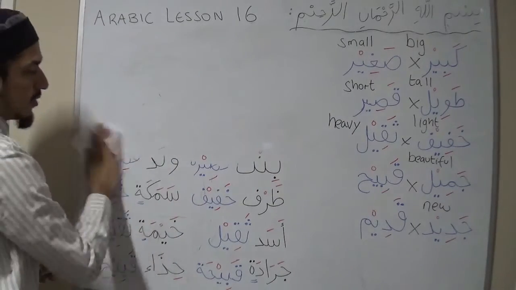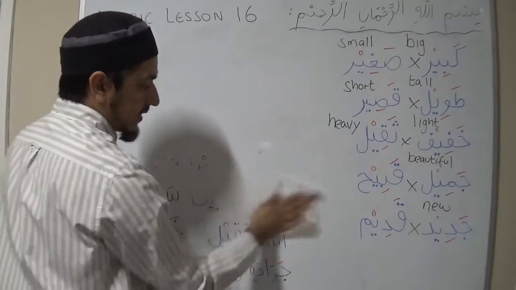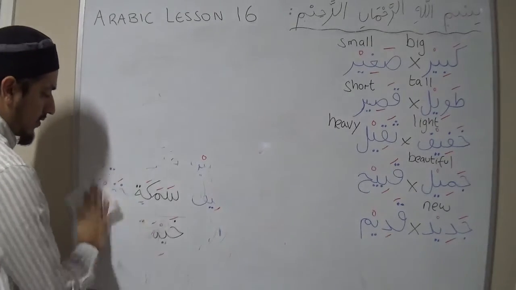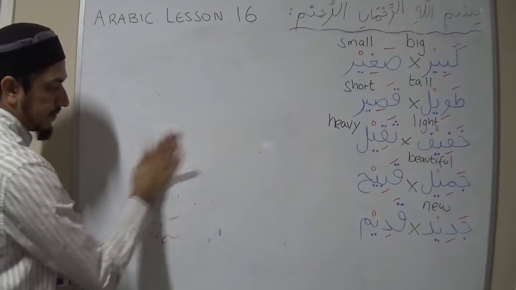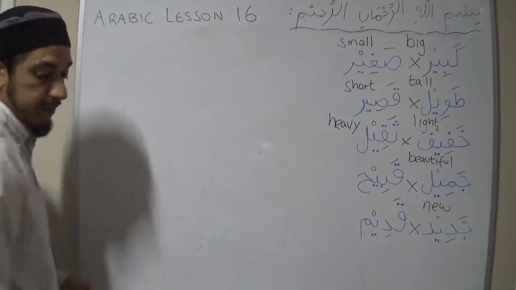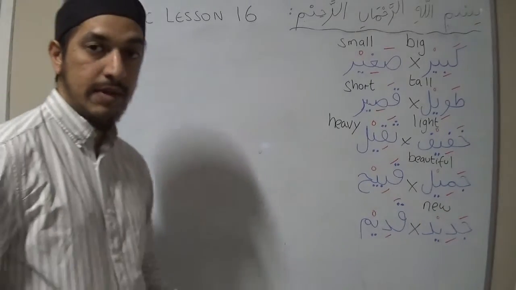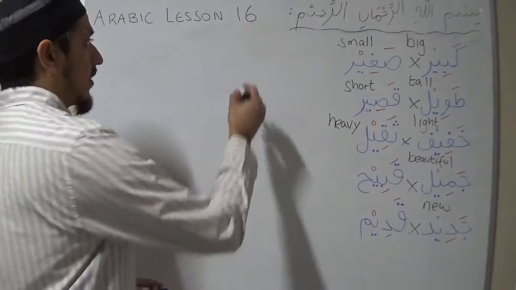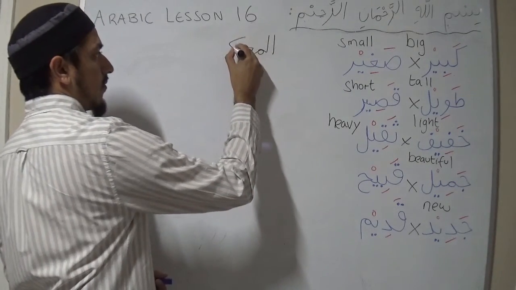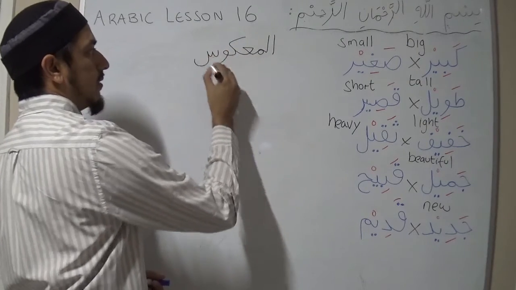So we've already seen some opposites on that side, and just to show a few more. And opposites are known as al-ma'kusat. Al-ma'kus.